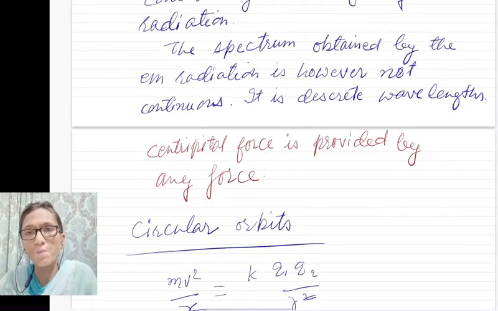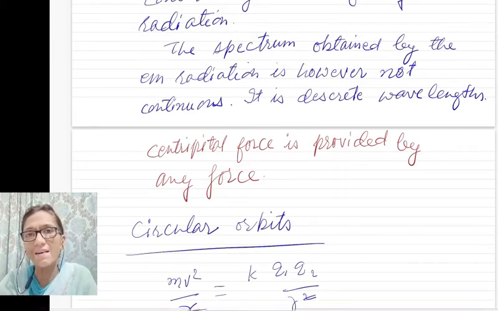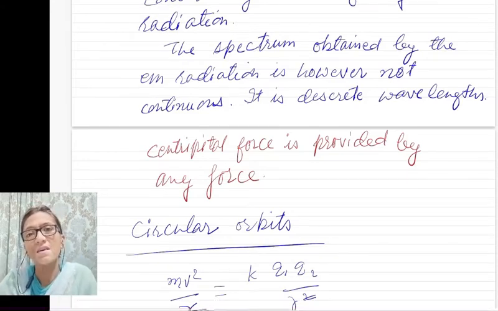In Rutherford planetary model of an atom, electrons were revolving continuously outside the nucleus, and they were emitting energy continuously. But the spectrum obtained was of discrete wavelengths, and Rutherford could not explain the spectral lines on the basis of his planetary model of atom.